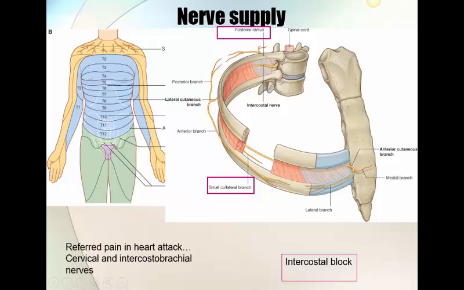Because sympathetic fibers are carried in these intercostal nerves, you should understand that if any intercostal nerve is damaged, that area, apart from sensory loss, the muscles there will be paralyzed. There would be no sweating in that area because the sympathetic supply is gone.